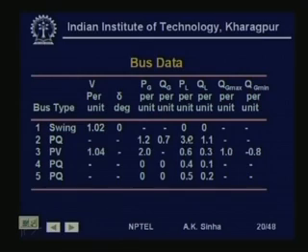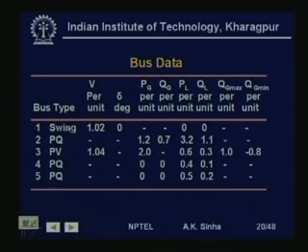Now, the data supplied for the buses will be of this type: the bus numbers, and the type of the bus bar will also be given, which bus is considered as a swing bus, at which buses the voltages are maintained constant, and at which buses both P and Q are available. So, here for this 5 bus example, bus 1 is a swing bus, bus 2 is a PQ bus, bus 3 is a PV bus, and buses 4 and 5 are also PQ buses.